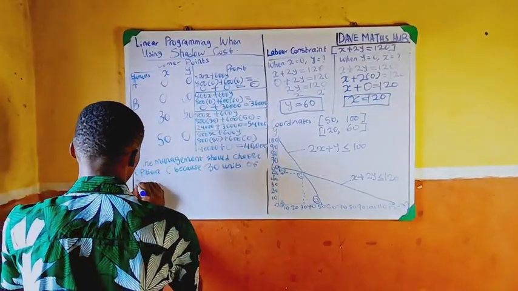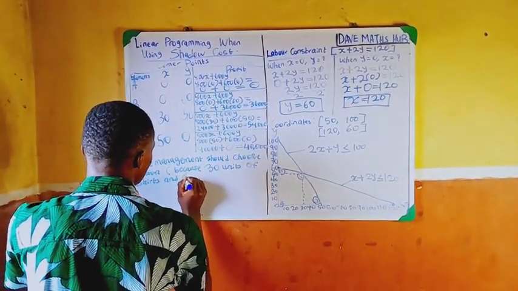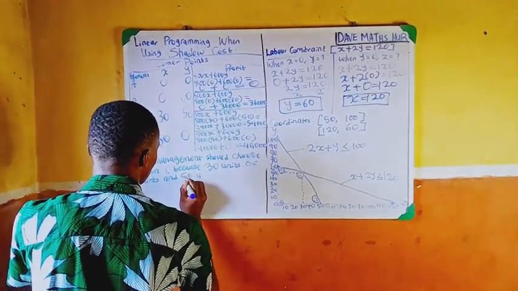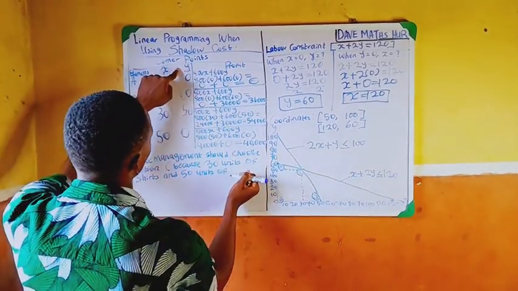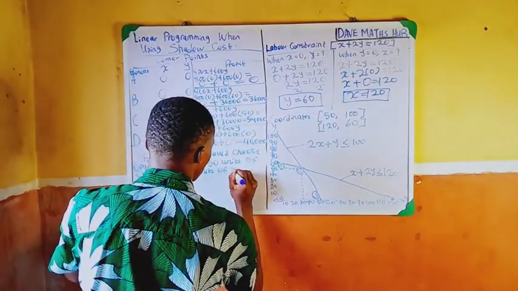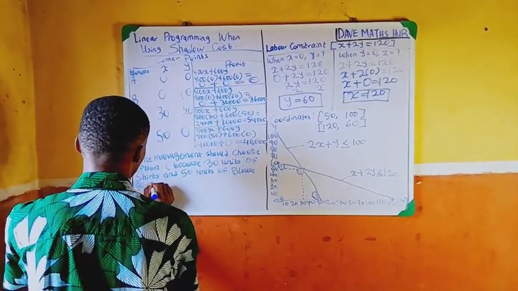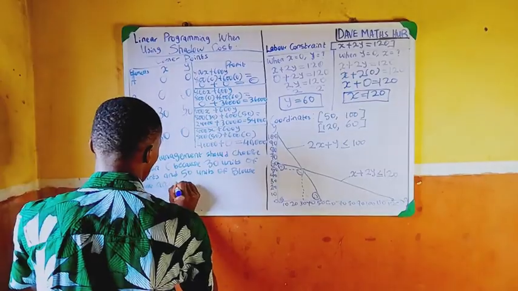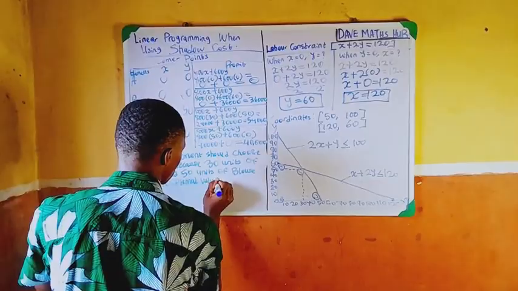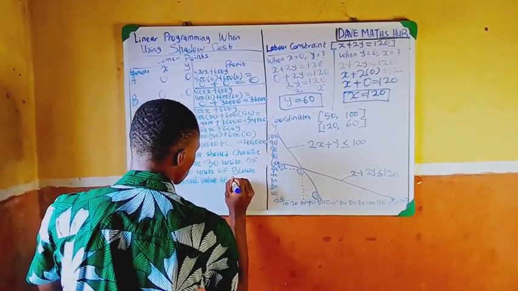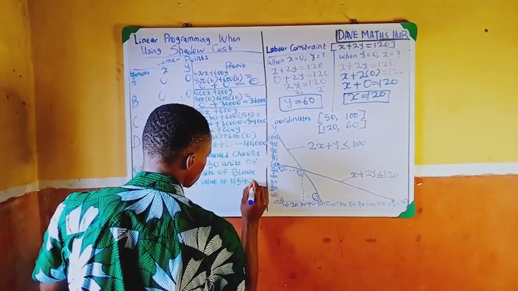So write shirts and 50 units of Y, which is representing blouse. Blouse gives an optimal value of how much? 54,000.